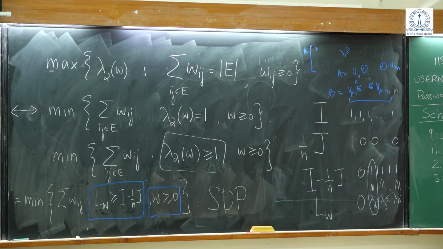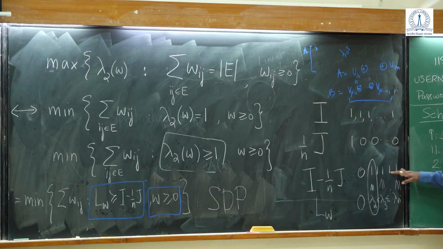Now if you take something in its orthogonal complement, something orthogonal to the all ones vector, then I minus 1 by n J acts like an identity matrix on that subspace, okay. So everything over there is going to be an eigenvector, okay, is that clear?